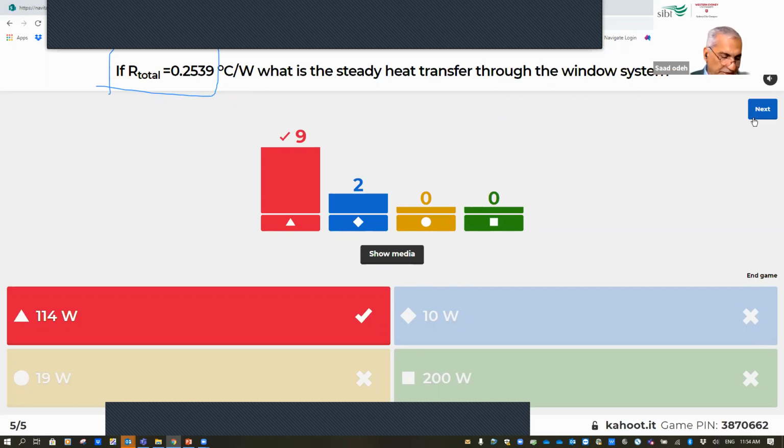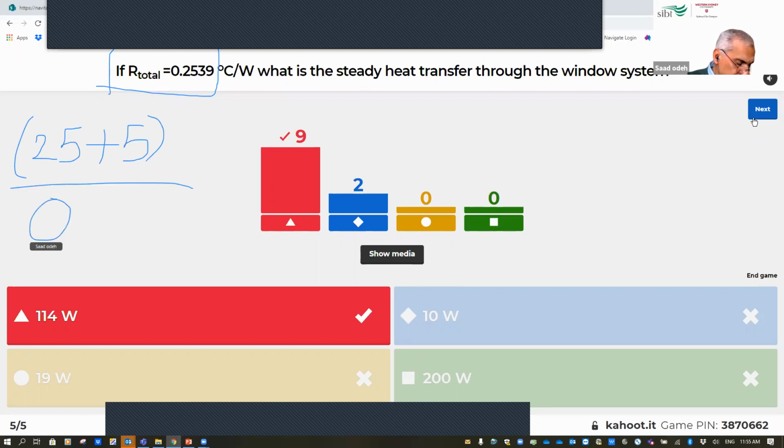But here, because we don't have time, we gave you the total thermal resistance. All you need to do is divide the delta T, which is 25 plus 5, because minus is 5, divided by 0.2539, and you get how much heat transfer through the wall.